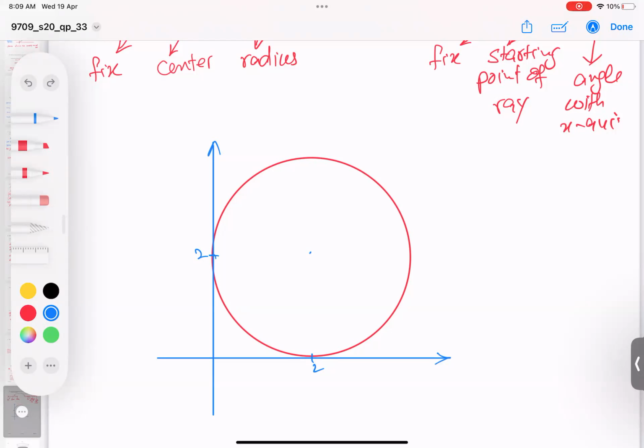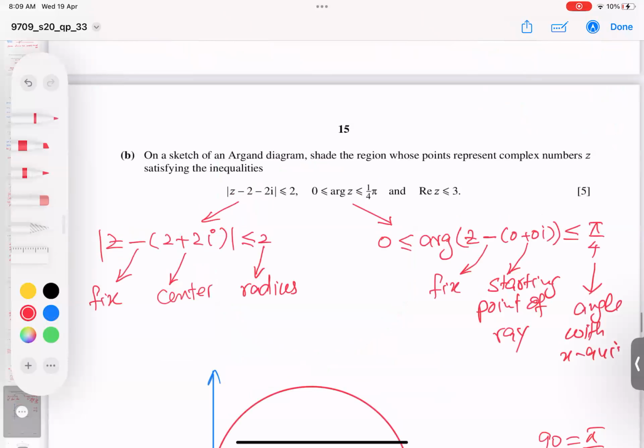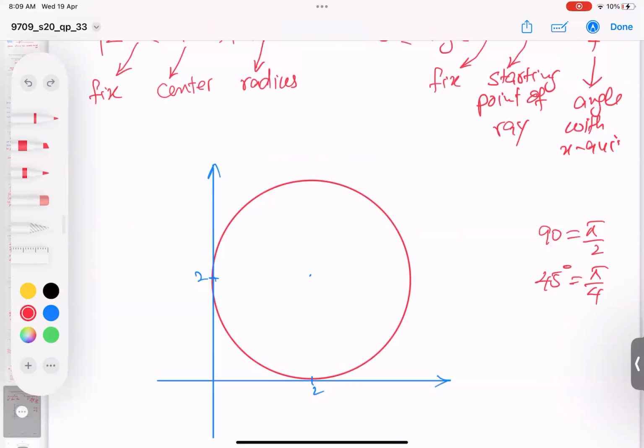So how to take pi by 4? Pi by 4 is half of 90 degrees, because 90 degrees is pi by 2 and 45 degrees is pi by 4. This is pi by 4.